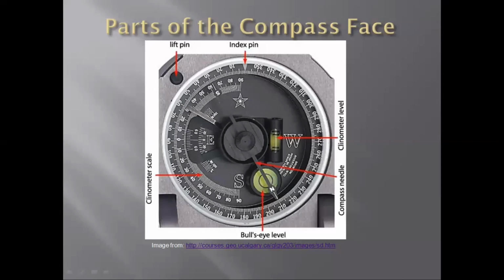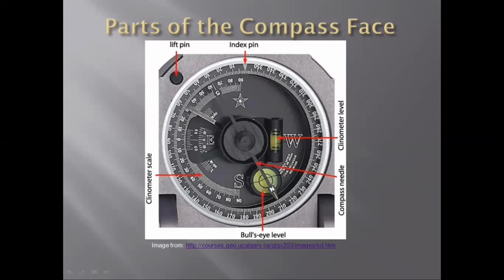Okay. Then we have this one, the capsule type clinometer level, and here you can see the bubble as well. And this bubble should be here when we are measuring the dip. Dip के लिए we measure this one, and for strike we use this one. Okay.